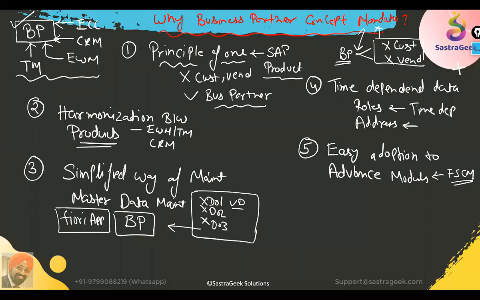So with this approach, when you are on the business partner, any advanced module you need to pick up, like FSCM, you would be able to adopt quickly. And now it also has a dependency on some other things. Let's say this also has a dependency on credit management.